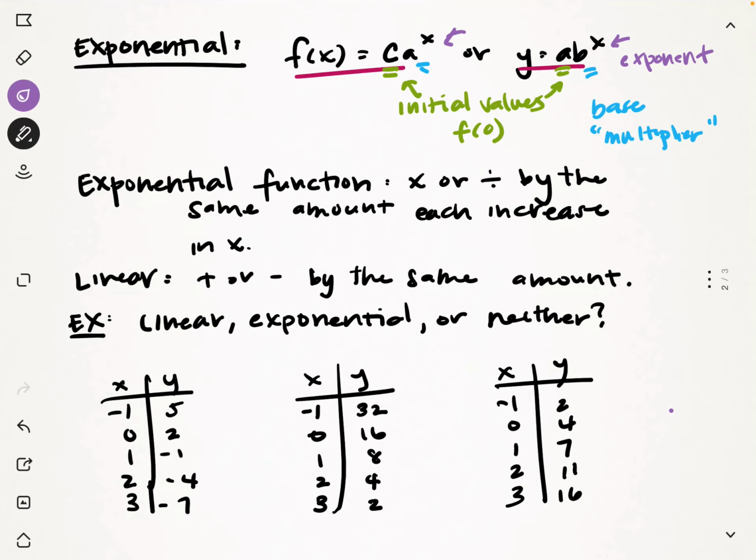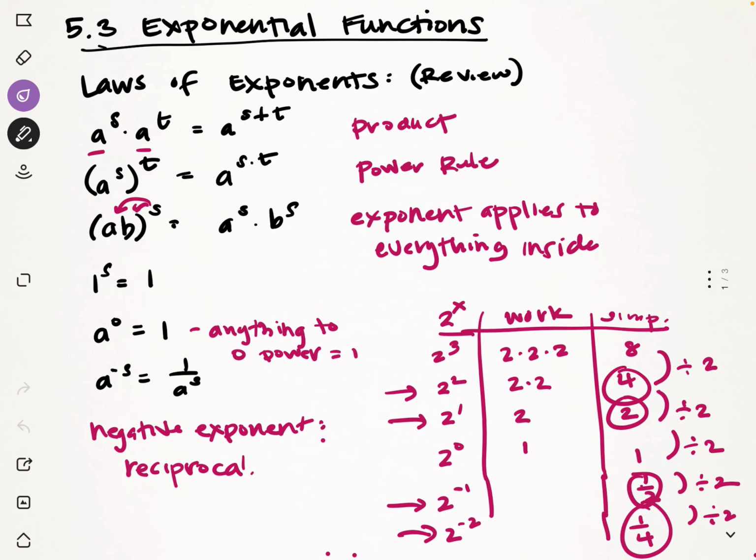All right, so when we're looking at exponential functions, first we're going to look at tables. It's a good place to start. The characteristic of an exponential function is that we multiply or divide by the same amount each increase in x. Like we saw earlier in our table, we're dividing by 2 each time, and therefore we had an exponential function.